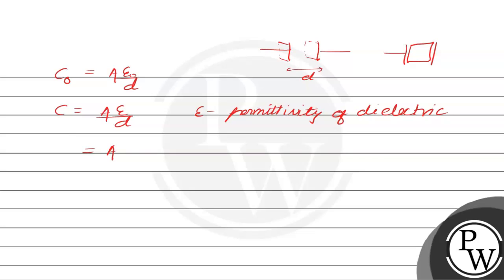Now we can write epsilon as K into epsilon naught upon D. Now this whole expression is defined as C naught into K. So we can see that the capacitance after introduction of dielectric becomes K times the initial capacitance.